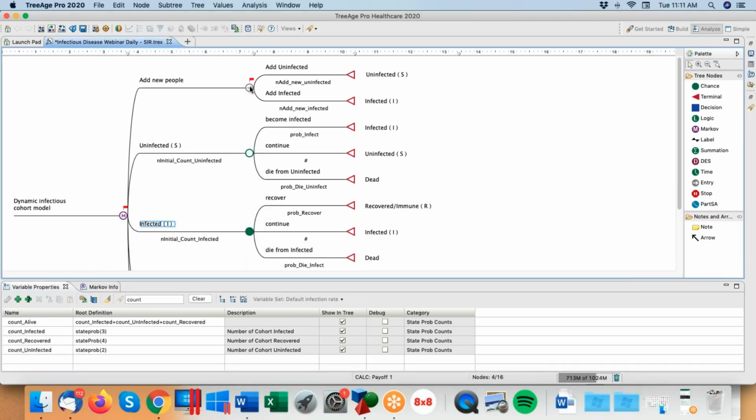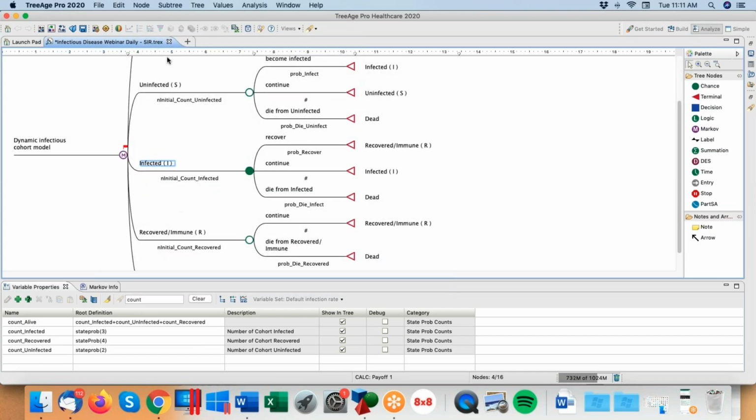I know this isn't a real state, but it's still a branch: 1, 2, 3. So state prob 3 gives you the count of infected people, whereas state prob 2 and 4 give you the percentage uninfected and the count of people who are immune. If you add them all together, you get the count alive. So count alive is the sum of all the people in these 3 states. Count infected is the people in this state.